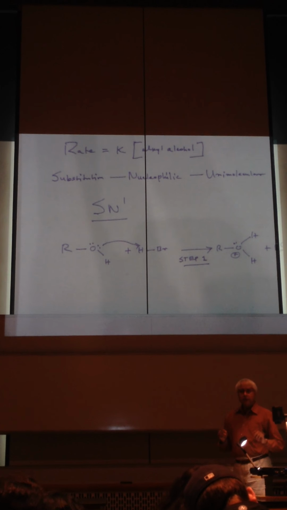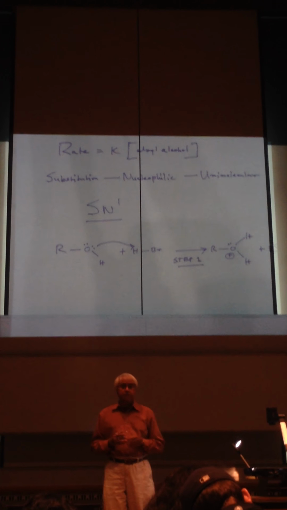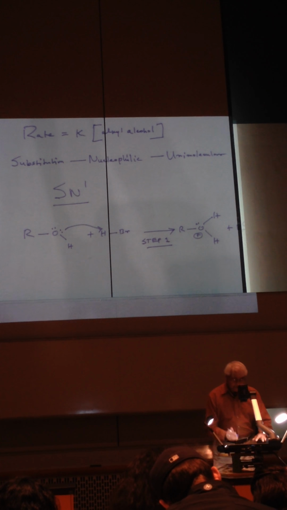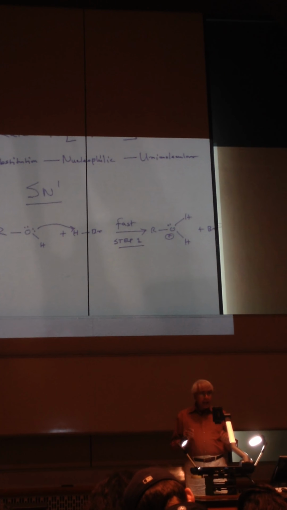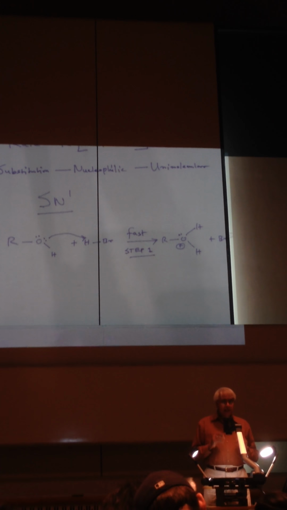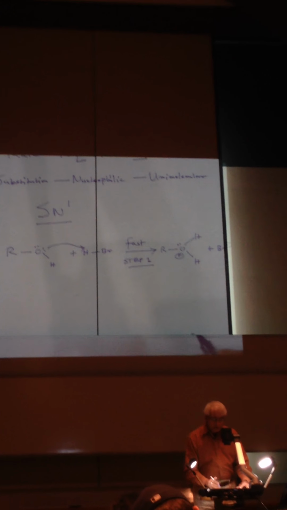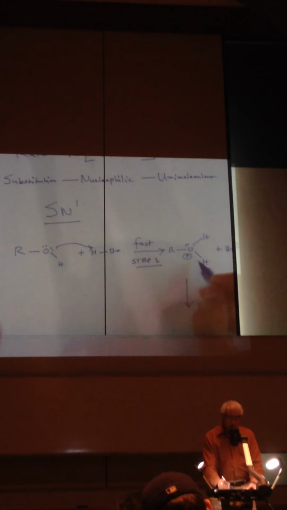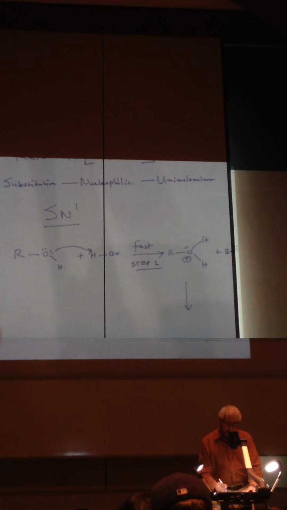Now the step 1, typically hydrogen transfer, proton transfer reactions are very rapid. So we can conclude that this is a fast step. Now the second step, in SN1 reaction, because the acid is not really involved in this process, is breaking down of this bond between the alkyl group R and the oxygen.